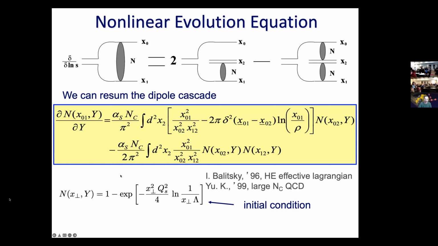Remember I said earlier, this dipole amplitude had no energy dependence, no x dependence in it. So we can set it as the initial condition at some y equals y naught. And then we have a first order differential equation to solve. If we specify the initial condition, the solution is unique. And once we solve this equation, we get the energy dependence of the dipole amplitude, and therefore the x dependence of the structure functions and PDFs.